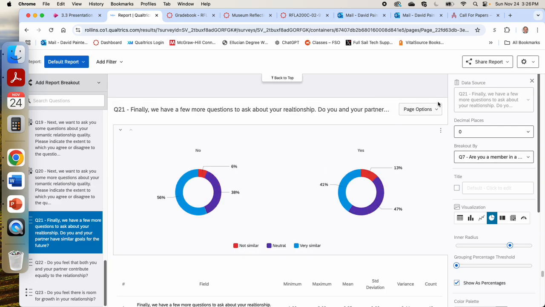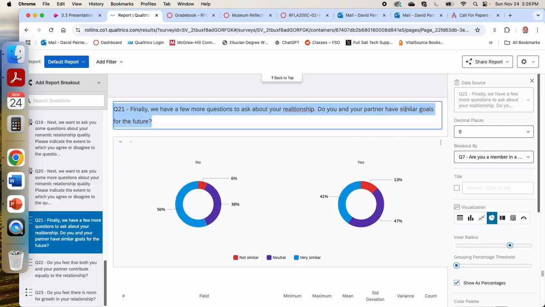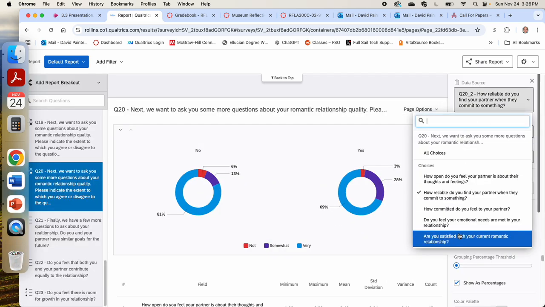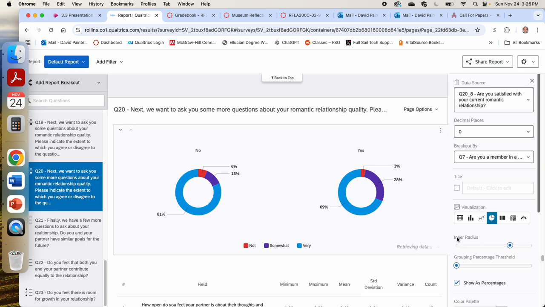And you can see, do you and your partner have similar goals for the future? Very similar. People who are not in Greek life, 56% say their goals are very similar. People who are in Greek life, only 41% say their goals are very similar. So you can see these are potentially answering some of your research questions, but I encourage you to go through and check out, how satisfied are you?